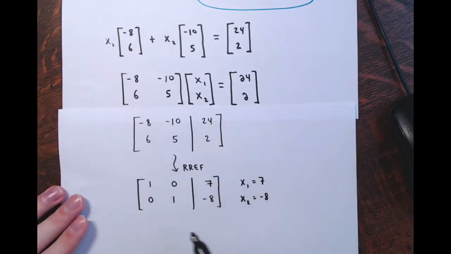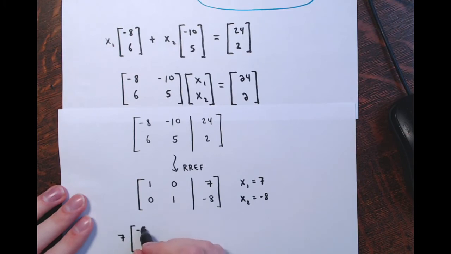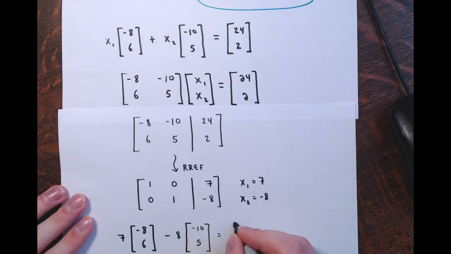And you can double check this. Is 7 times that first column vector from matrix A, the -8, 6, plus -8 times the second column vector, equal to that vector B, that 24, 2? And it is.